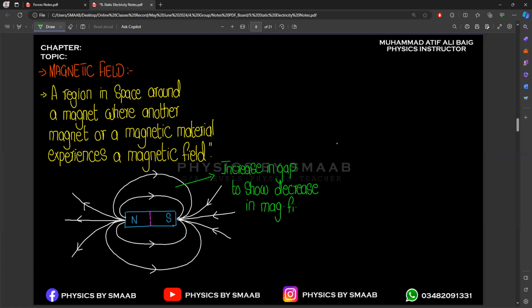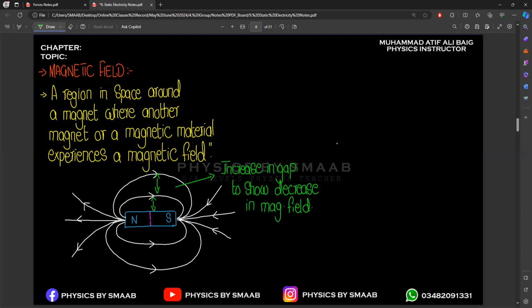When you observe the distance between the field lines, you observe that the distance is increasing as compared to the previous distance. So it means the magnetic field is now decreasing at a long distance.